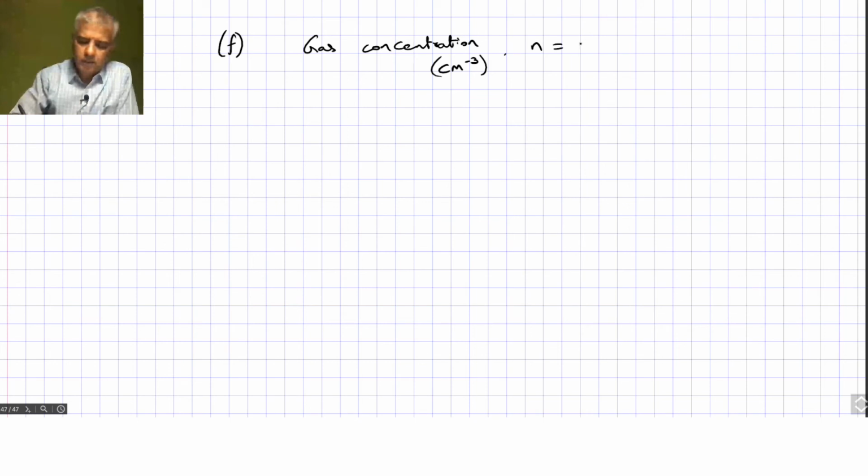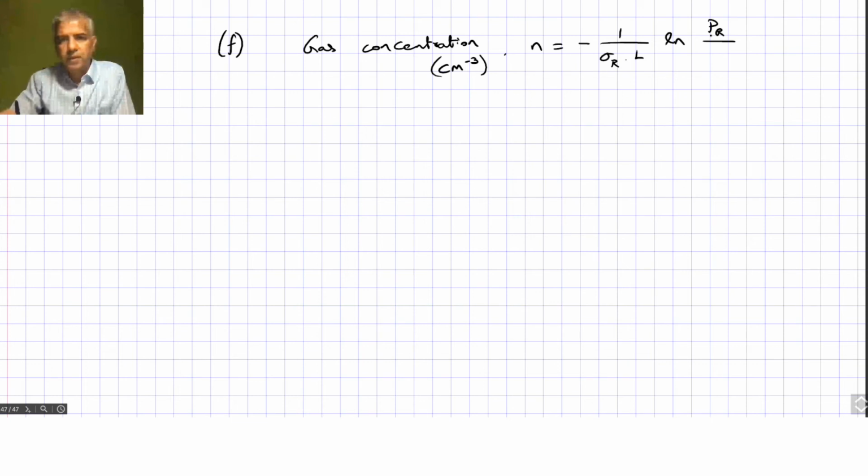N can be written, when we rearrange all those terms, as minus 1 over sigma R multiplied by L, and then ln of PR, that's the transmitted power measured at the resonant wavelength, over the transmitted power that we measure at the non-resonant wavelength. Okay, so that is how we get this gas concentration.